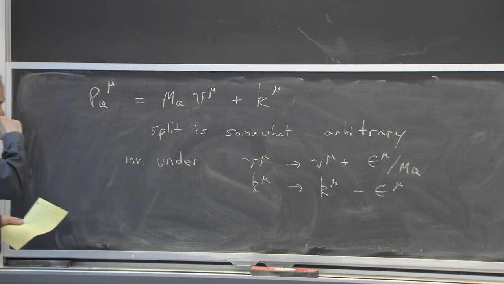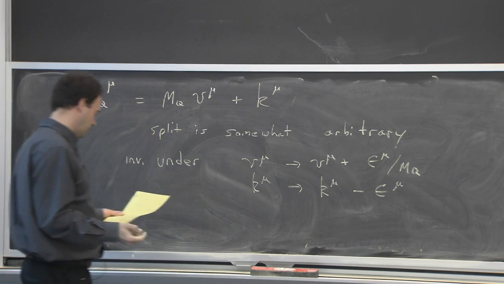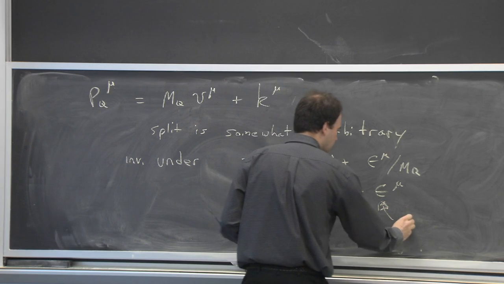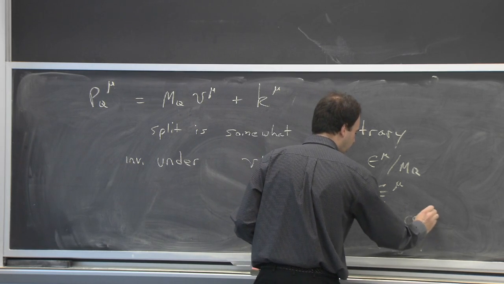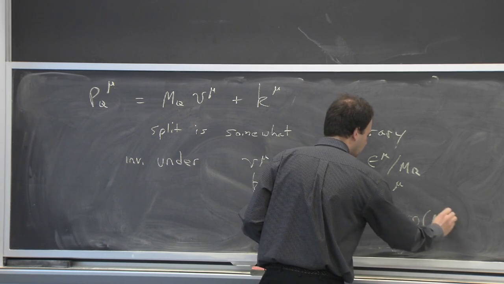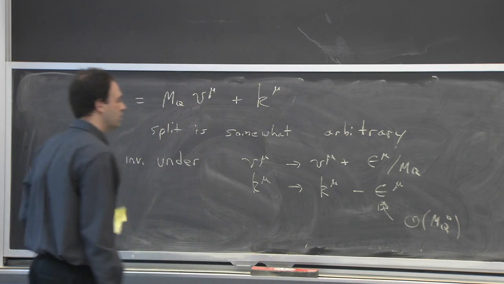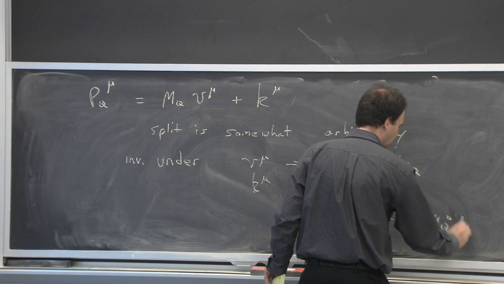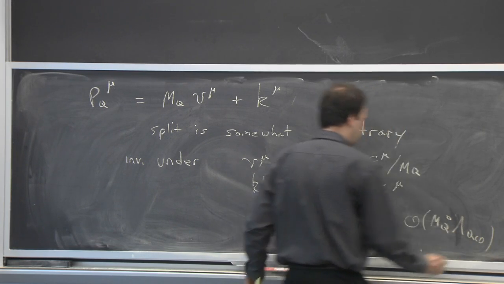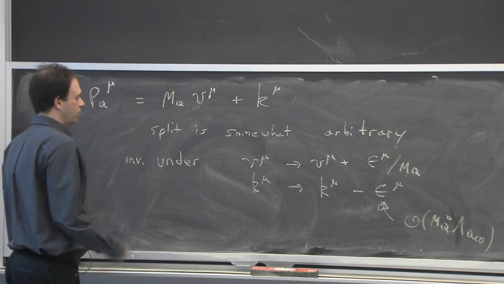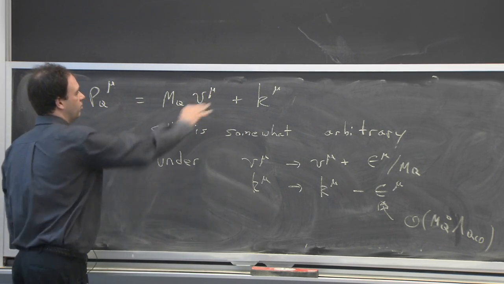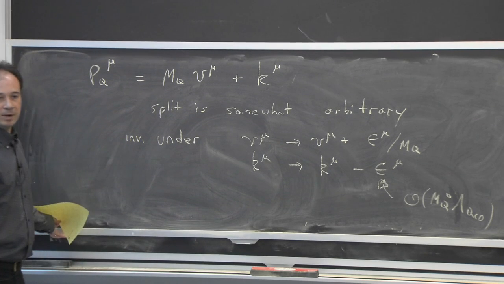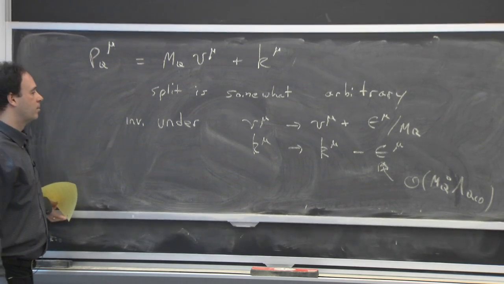That moves a piece back and forth between them, and as long as I think that epsilon mu is some parameter that doesn't have a power counting, i.e. its order doesn't have any M_Qs in it, it's just something of order lambda QCD, say, then that makes the power counting still true. That was the point of this decomposition, and it allows us to move a small piece back and forth. The small piece is this epsilon.